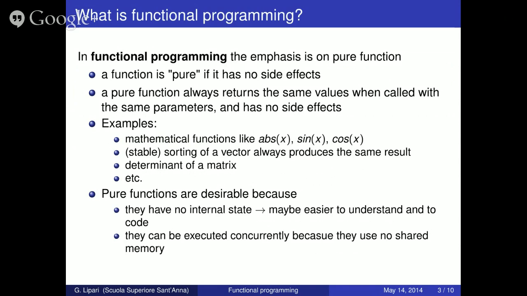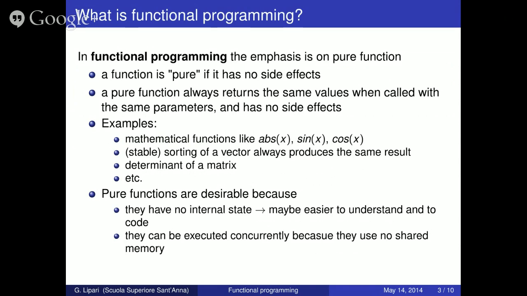Now, functional programming is actually quite the opposite of object-oriented programming, because the idea in object-oriented programming is that you have objects that contain variables, and variable means state. And then you modify the state by using member functions.